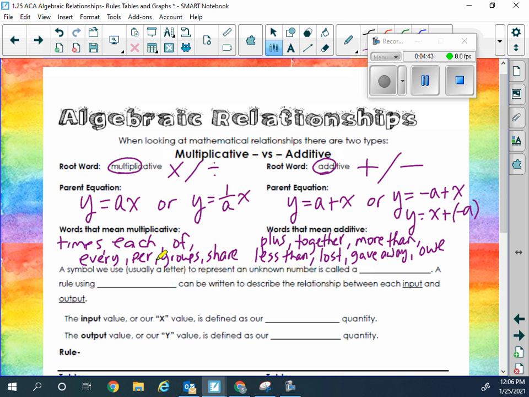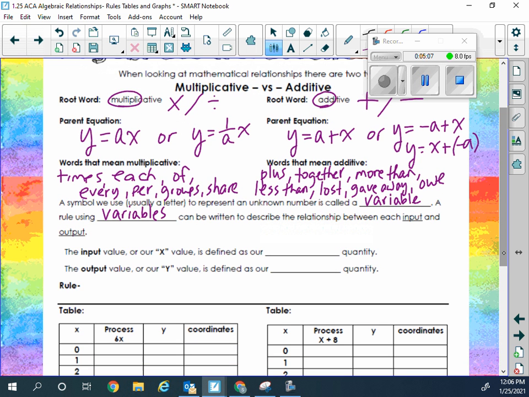A symbol that we use, usually a letter, to represent an unknown number is called a variable. A rule using variables can be written to describe the relationship between each input and each output. So we talked about these words last week. Input, our value of x.